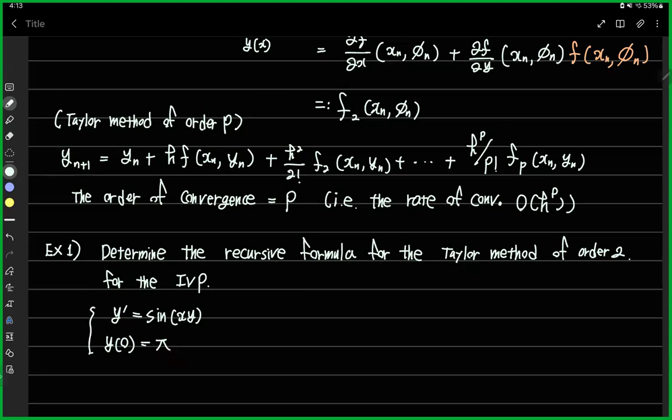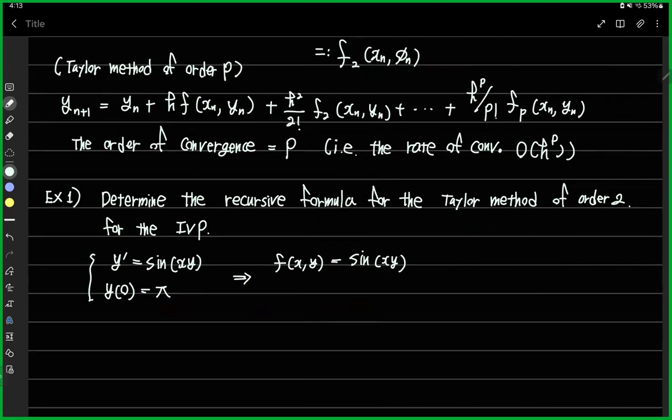So from there, f of x comma y is sine of x times y. Okay, and the initial condition is given.